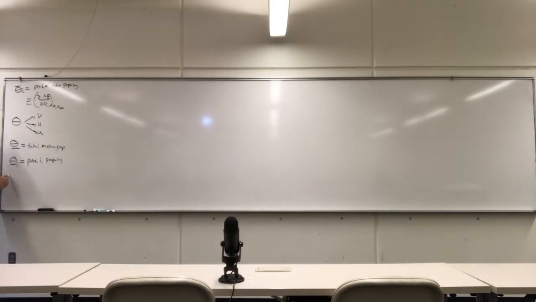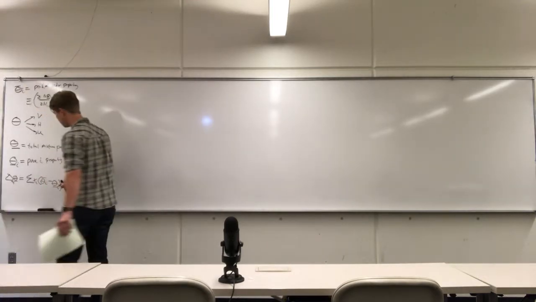We can have a change of the property in mixing, so sometimes I'll write mix down here, sometimes I'll just leave it delta. This is going to be the difference between the partial molar property in the mixture minus the property pure.